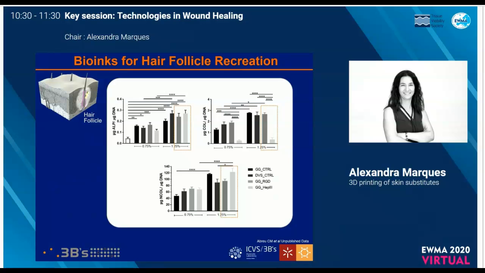And interestingly, you can see that there are no significant differences in terms of ALP, and by itself the 3D environment is also relevant to restore this ALP activity. But we have a specific response to EP3 and RGD peptides in terms of the type of proteins that are deposited in these inks.